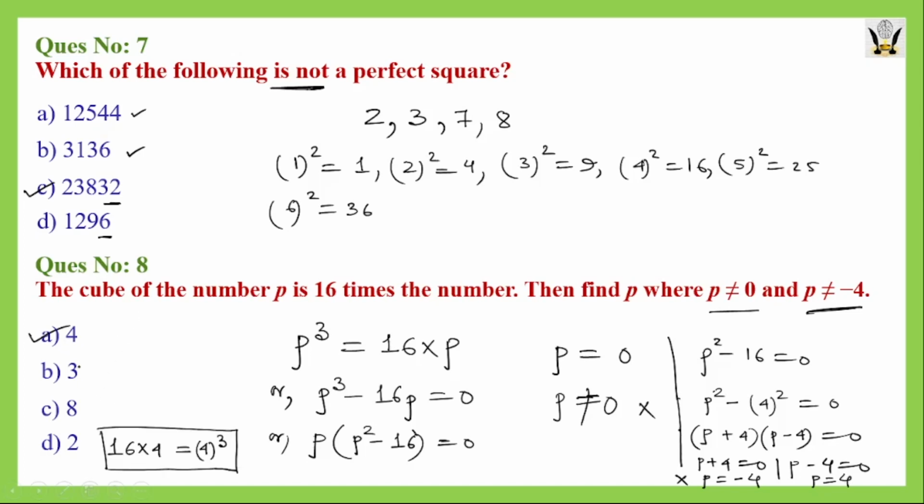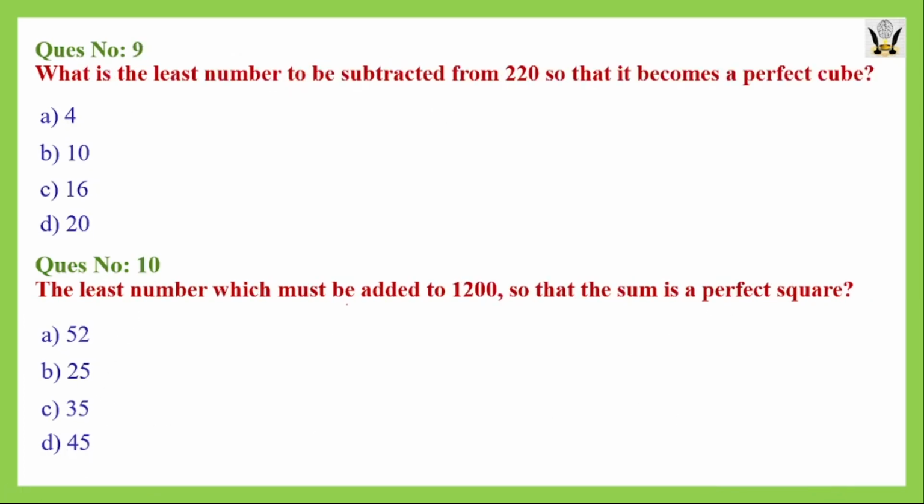Now in the next question we have to answer what is the least number to be subtracted from 220 so that it becomes a perfect cube. Now we have many methods to find the cube root or square root of a given number. Since this time we need to find the least number to be subtracted, let's follow the successive subtraction method.